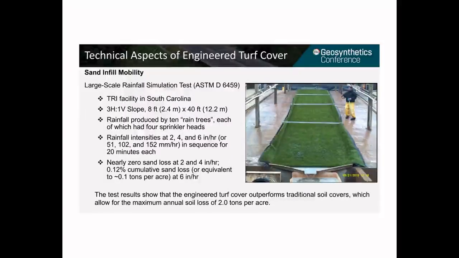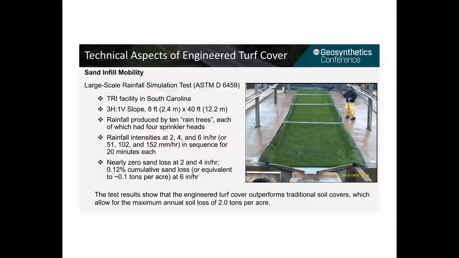Large-scale rainfall simulation test was conducted at the TRI facility in South Carolina to evaluate hydraulic performance of sand infill under rainfall events. Here's a photo of the test setup. The engineered turf cover was tested under simulated rainfall intensities at about 2 inches and 4 inches per hour with nearly zero sand loss, and at 6 inches per hour with only 0.12% cumulative sand loss, which is equivalent to about 0.1 tons per acre.